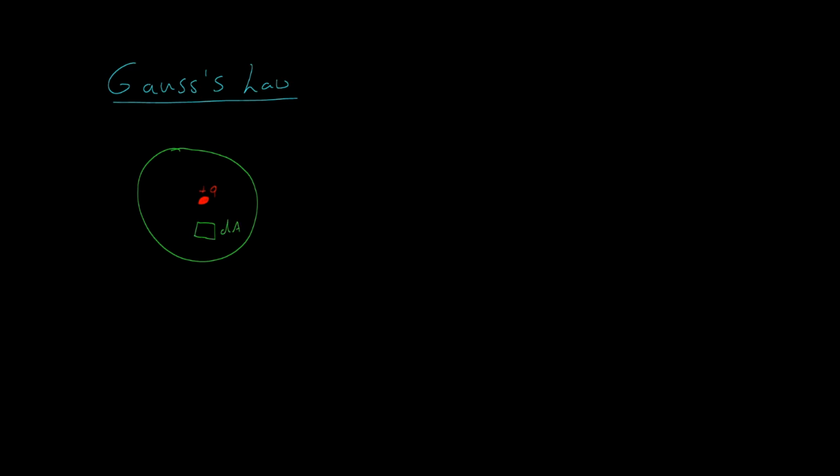So that's going to give us a small area on the surface of our Gaussian surface. Now it's important to note the surface can be any shape. I've drawn it as a sphere for simplicity. But because it is an integral, we can work with any shape. It's just a lot simpler with a sphere.